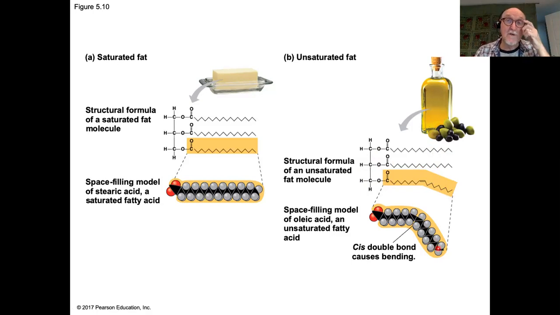And that alone is enough to confer all sorts of different properties to that fat. And these fats and oils are associated with better health outcomes. These are regarded as being a far more healthy part of the diet than the saturated fats.